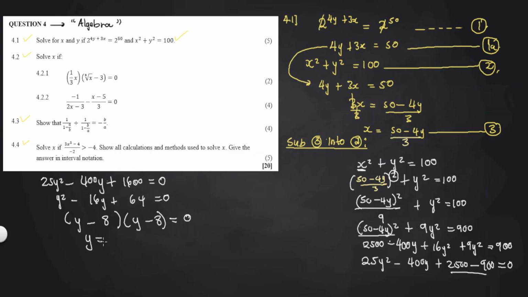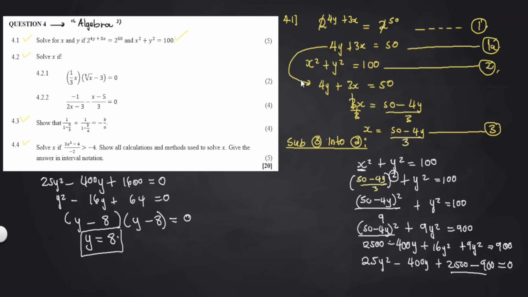So y is equal to 8. This is the first y, and then another y is y equal to 8. So it is the same solution, positive 8. You're just going to use one solution, y equal to 8.